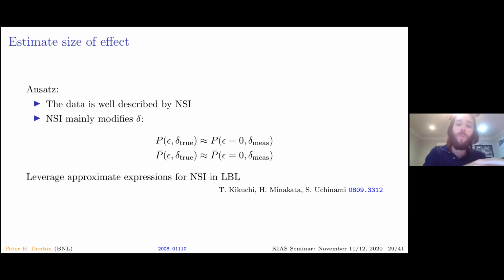So similar to the equation on the last slide, what you have is the probability. So this is in terms of the true reality. There are some non-standard interactions and some true value delta. And this should be the same, up to some corrections, as the probability for no new physics and some inferred incorrect value of delta.